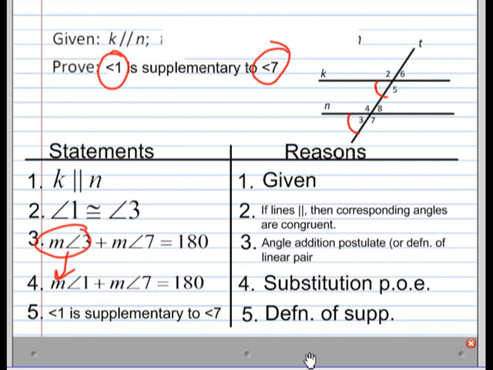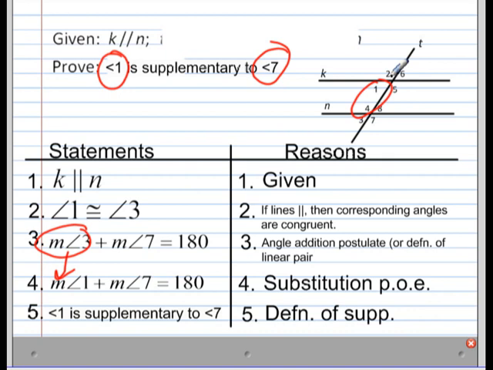Again, lots of other ways you could have done this. Just briefly, I'll talk through. You could have actually saved a step here. I think it would have been shorter to say that angle 1 and, let's say, angle 4 are supplementary. That's same side sup.